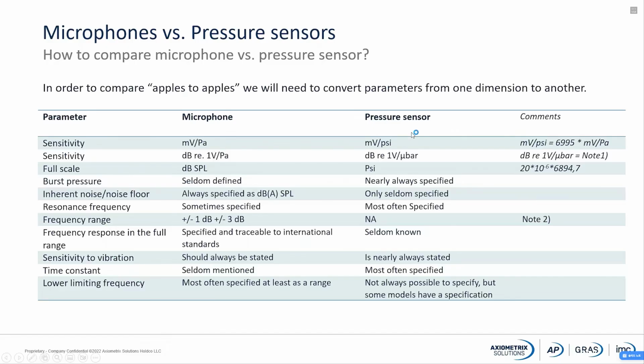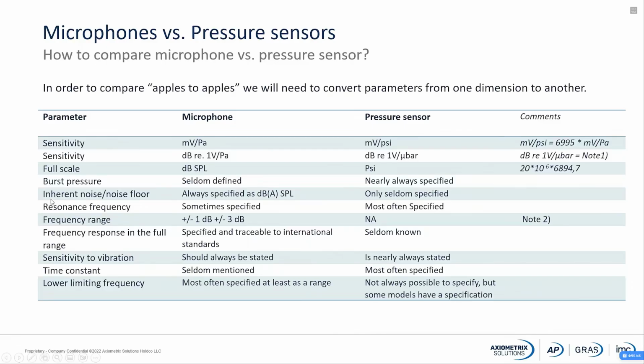And if you take a pressure sensor, usually it is millivolt per PSI. How are you now going to compare a pressure sensor with a microphone? Well, you have to have some kind of a conversion, or you have to go in and do the math in your office.